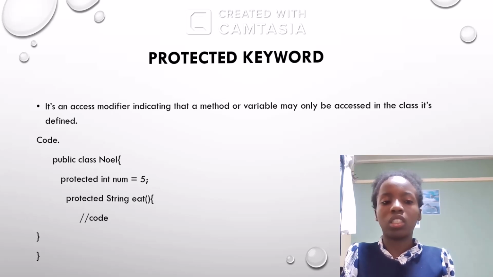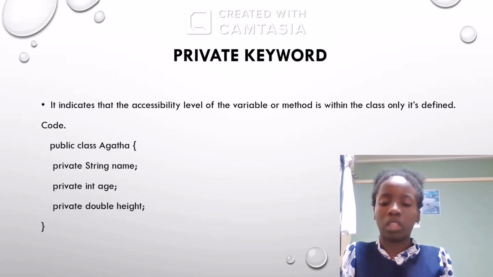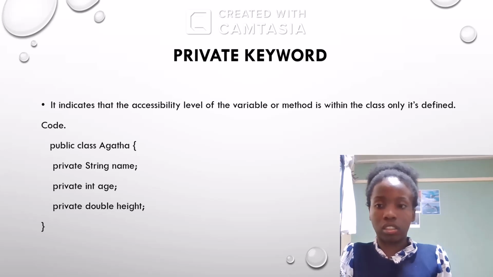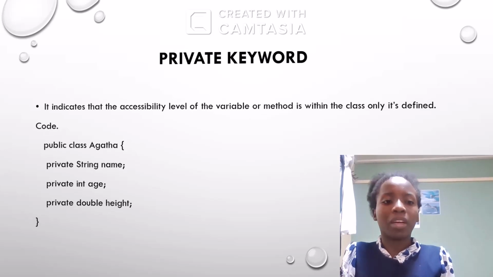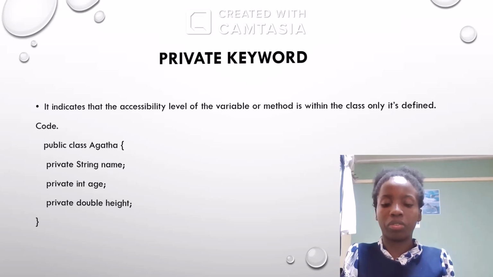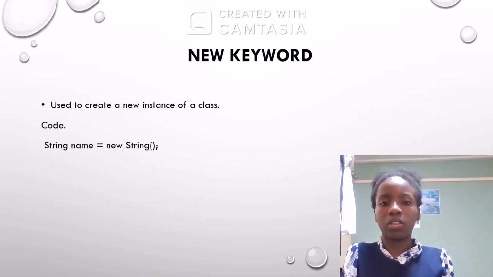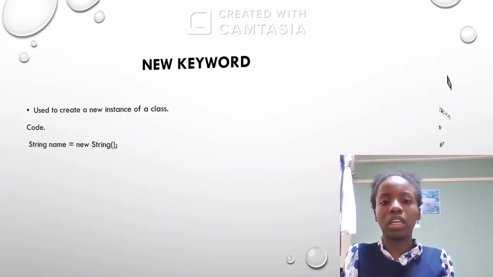Private keyword. It indicates that the accessibility level of the variable or method is within the class only in which it's defined. Package keyword specifies the Java package in which the classes declared in a Java source file reside. Then new keyword, used to create a new instance of a class.